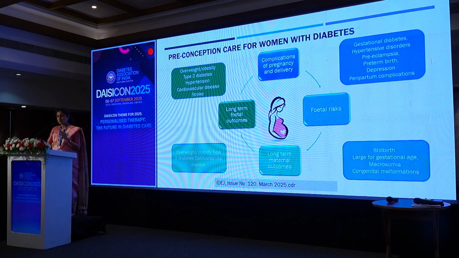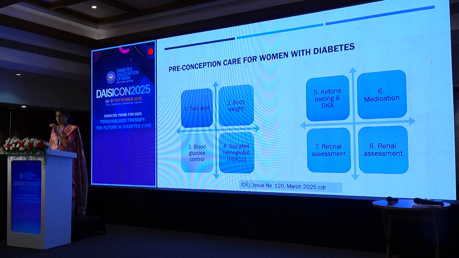Whereas in fetal outcomes, the child, when he or she grows up, can have type 2 diabetes, hypertension, other cardiovascular diseases, and also stroke. Diabetic lady getting pregnant, what will be the fetal outcomes? Stillbirth and other perinatal complications can also happen.